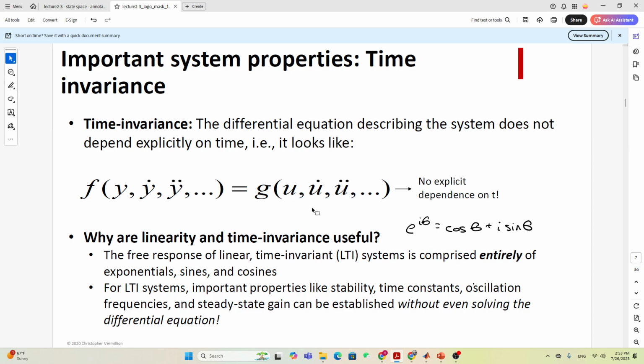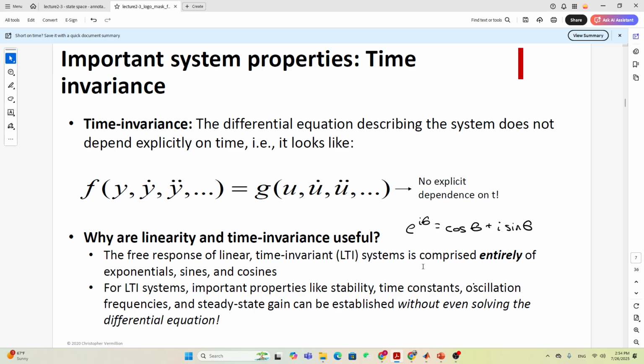But why are LTI systems important and useful? Because the free response of an LTI system is comprised entirely of exponentials, sines, and cosines. Easy to predict. And for an LTI system, important properties like stability, time constants, oscillation frequency, and steady state gain can be established.